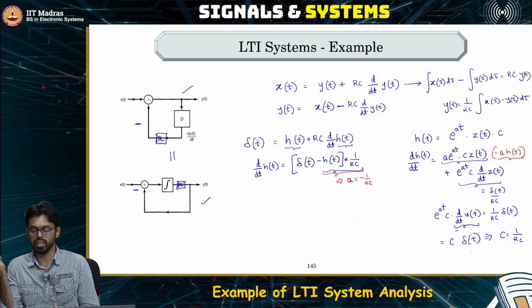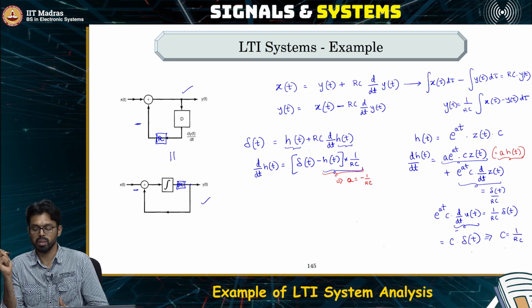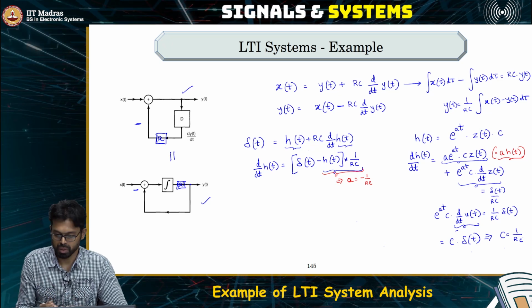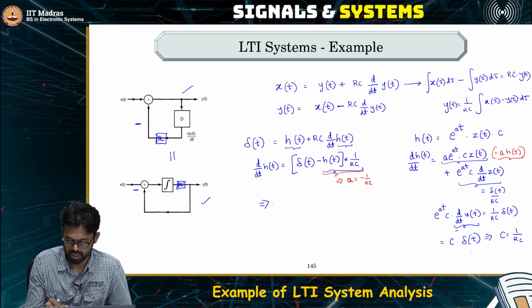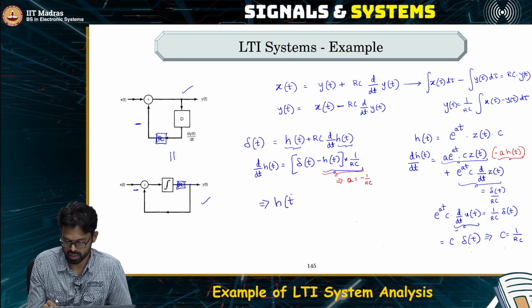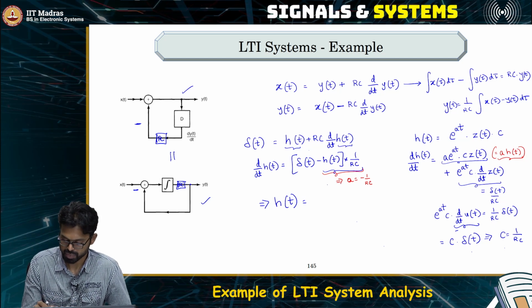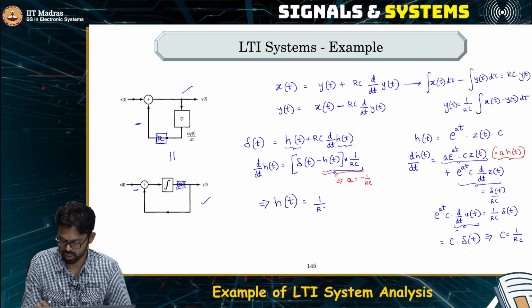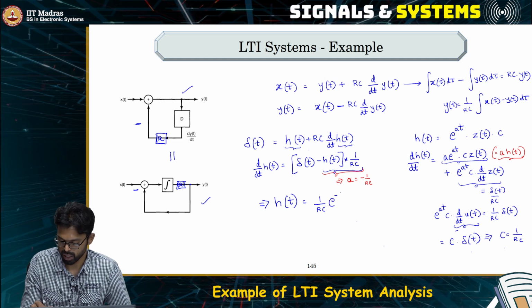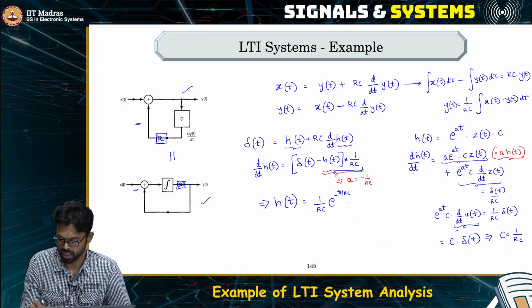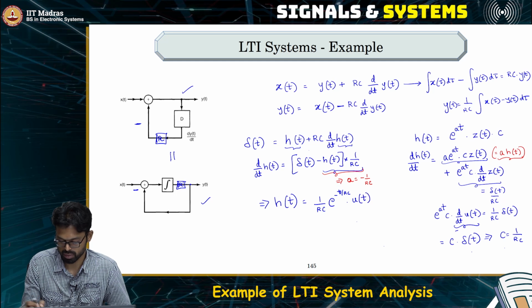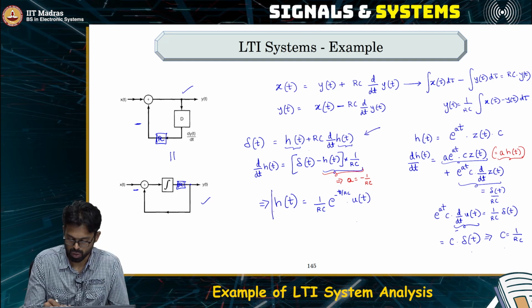So now we have a very simple expression for the impulse response that we got in a very simple manner, right? This tells us the impulse response of the LTI system that we have here is nothing but (1/RC) e^(-t/RC) times u(t).